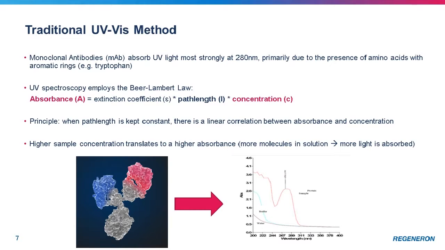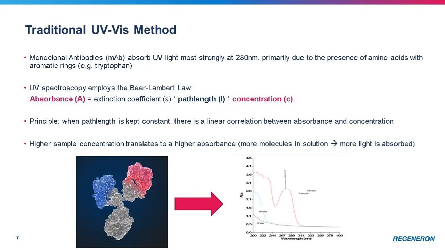This characteristic allows us to measure antibody concentration in solution using UV spectroscopy and the Beer-Lambert law. The Beer-Lambert law states that absorbance at a specific wavelength is proportional to the extinction coefficient of the analyte at that wavelength times the path length of light emitted times the concentration of the analyte.